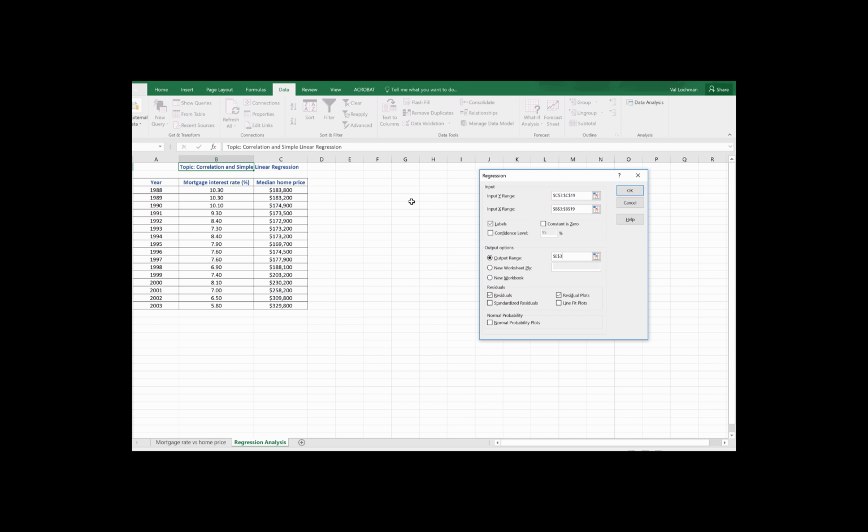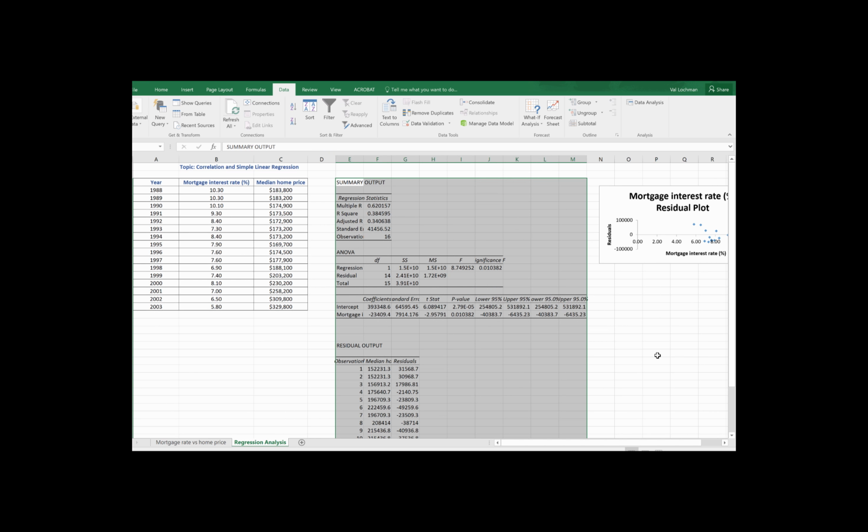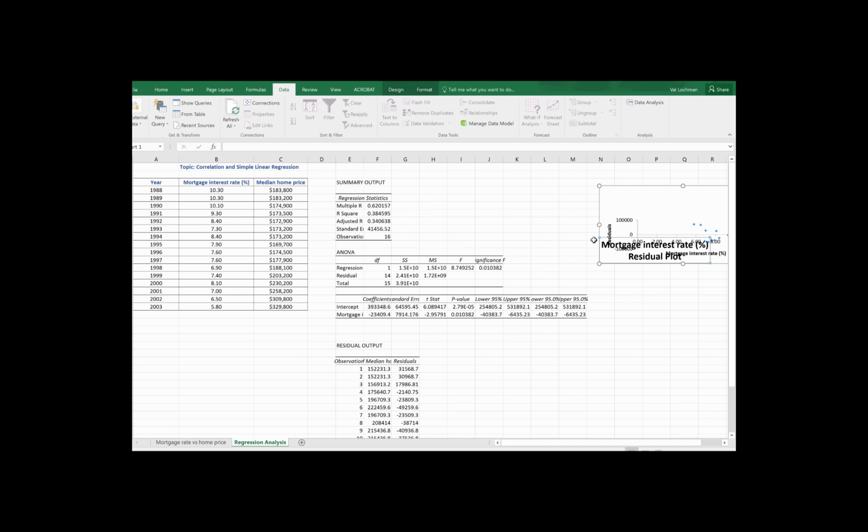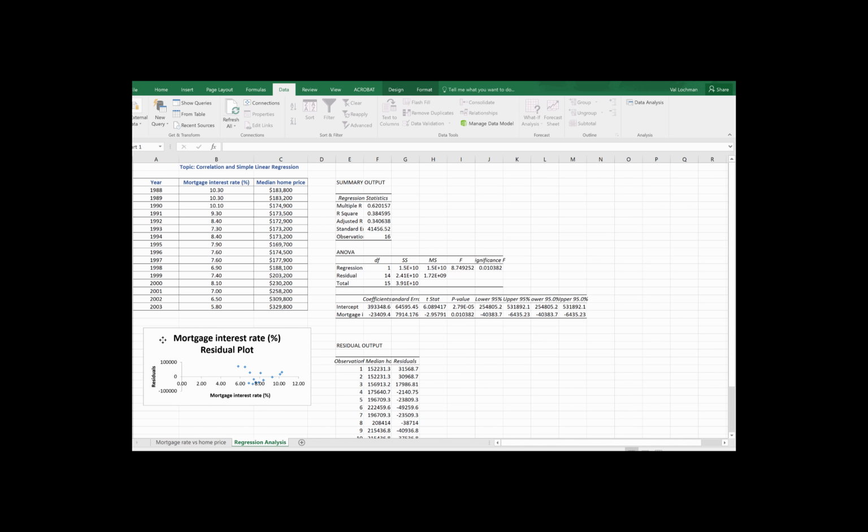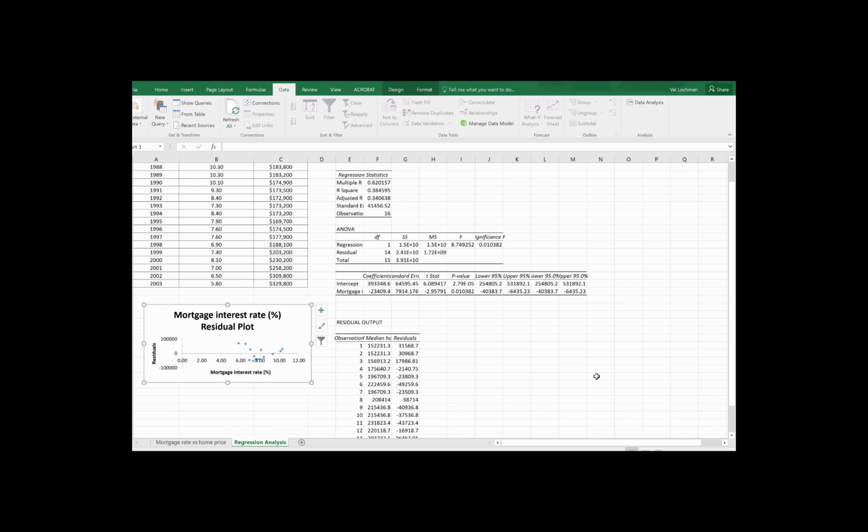The y range C, the input for x is B, output range is E, looks good. Okay. All right, so here's my plot. Okay, here's my residual plot, and here are all these other numbers that we've already computed.